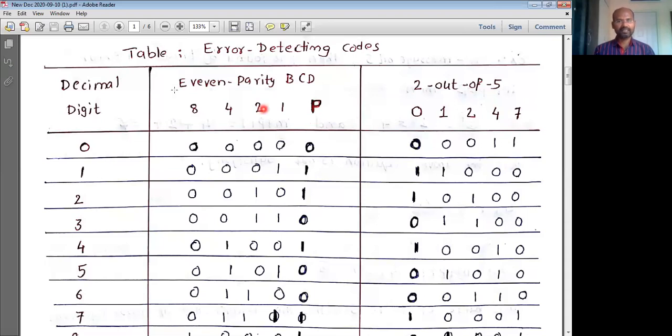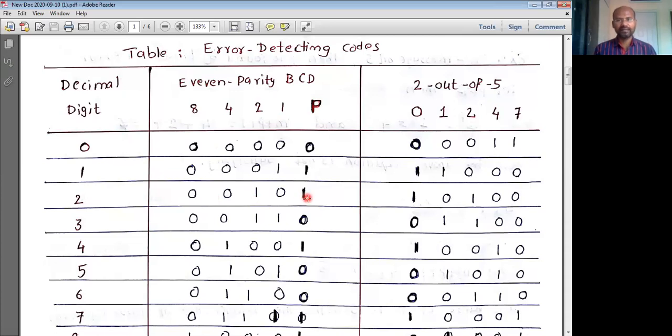So what are these error detecting codes? You are transmitting data from one point to another, from transmitter to receiver, and you are using, let's say, even parity BCD code. For sending 2, you don't send 2 in a digital system. If you are using even parity BCD, to send 2 we send 0 0 1 0 1.